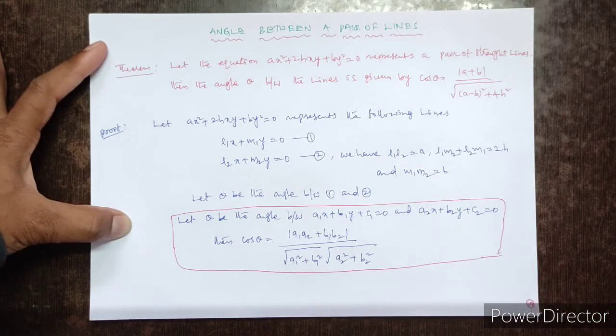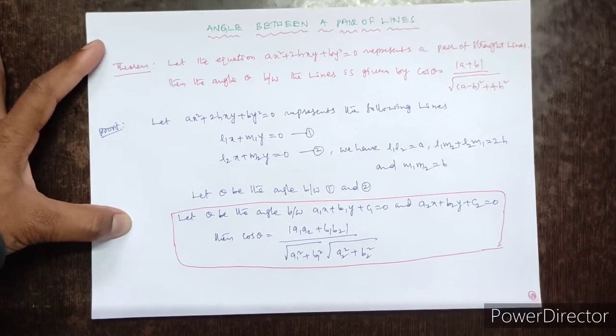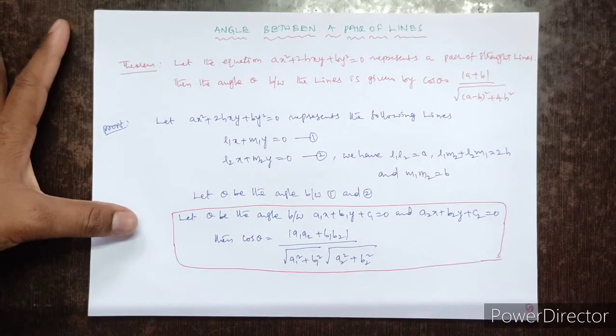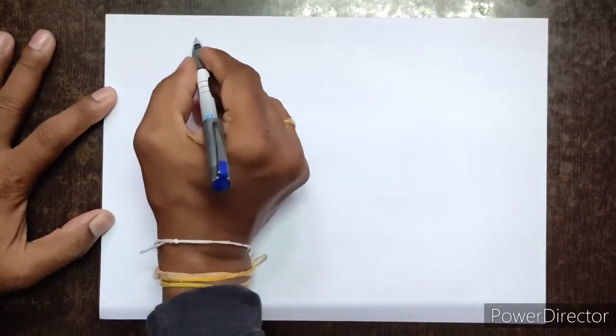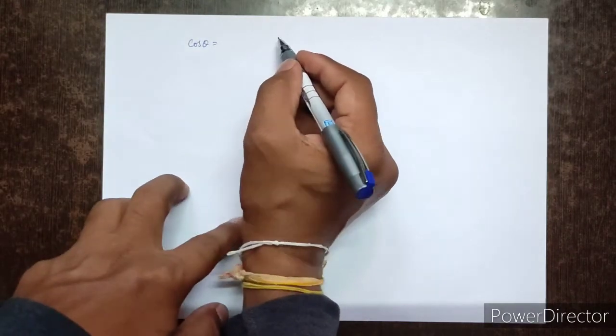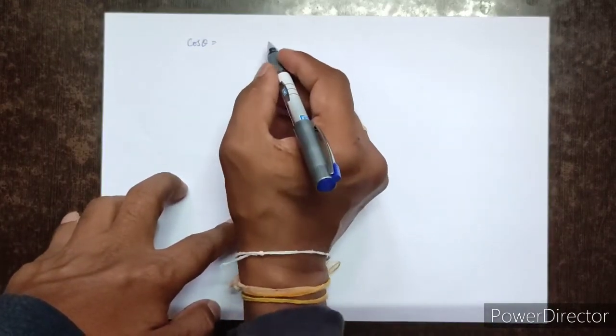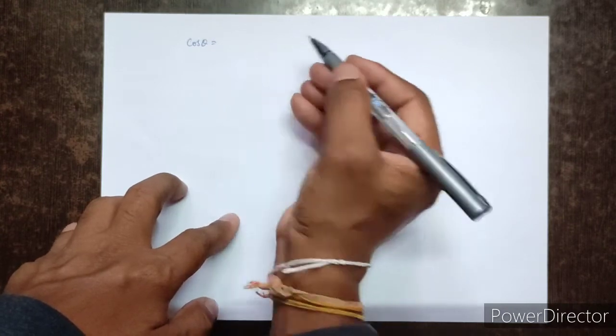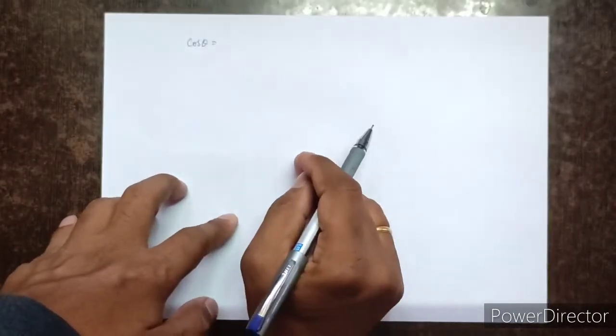So just use this one here. Cos theta equal to, here a1 is nothing but L1, a2 is L2, b1 is m1, b2 is m2.